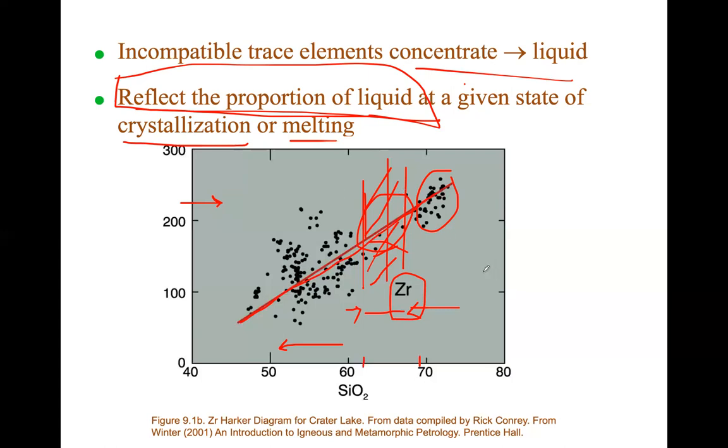Other than that, the only implication is this positive correlation. That means when you have increased silica content, you have increased zirconium content also, right? That is what you call the positive correlation. If you have the opposite, like this, that is a negative correlation. But anyway, zirconium shows a positive correlation with silica. That is the main implication.